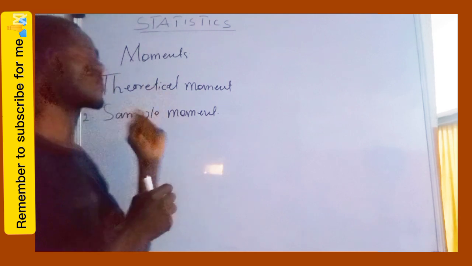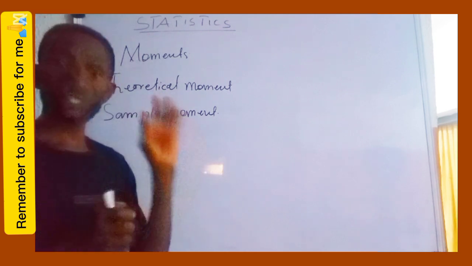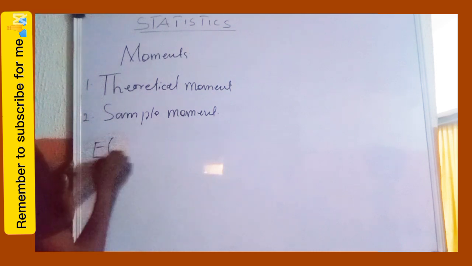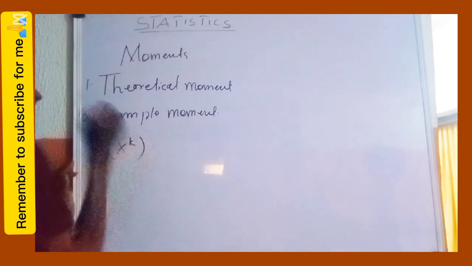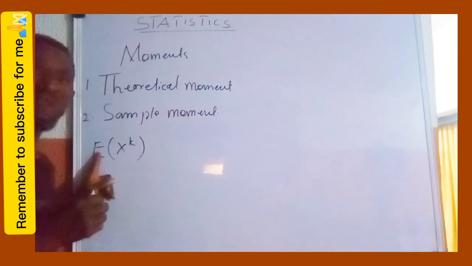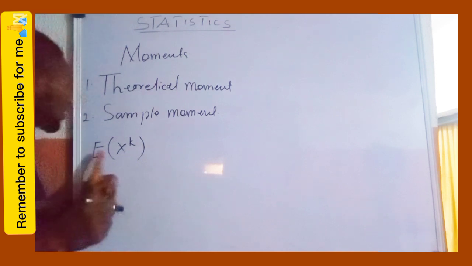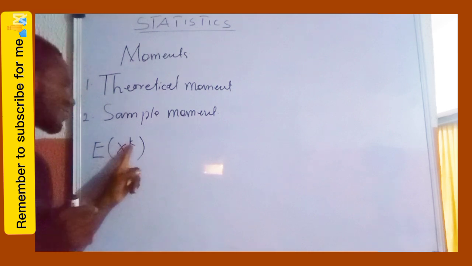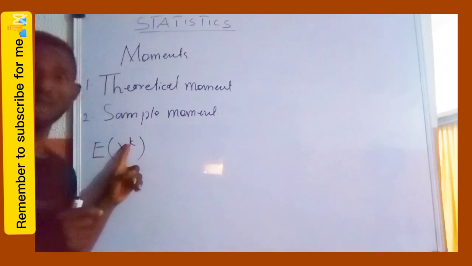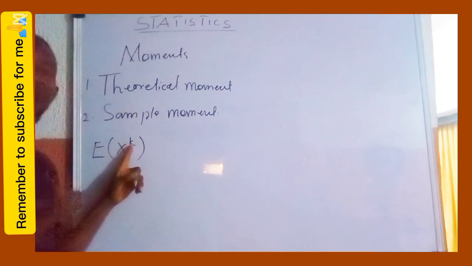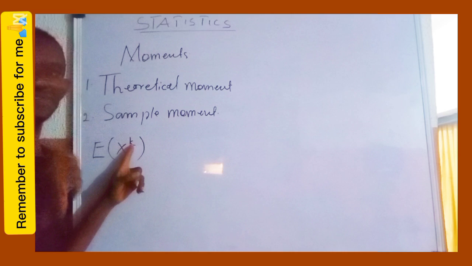Of course, a theoretical moment is denoted by E of X raised to power k, where E stands for expected value or expectation, X stands for a random variable, and k stands for that particular moment we are interested in. Here we are talking about the kth theoretical moment.